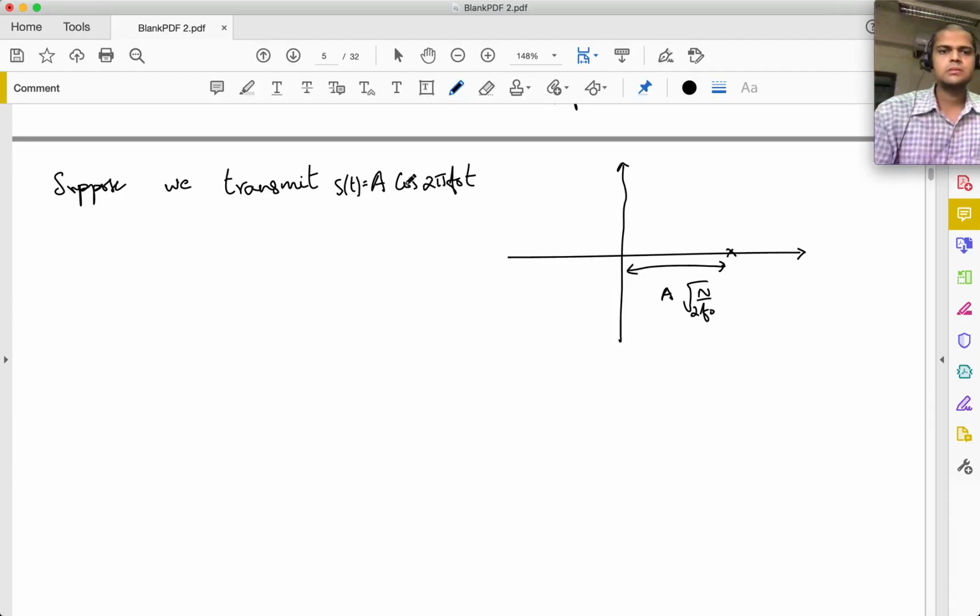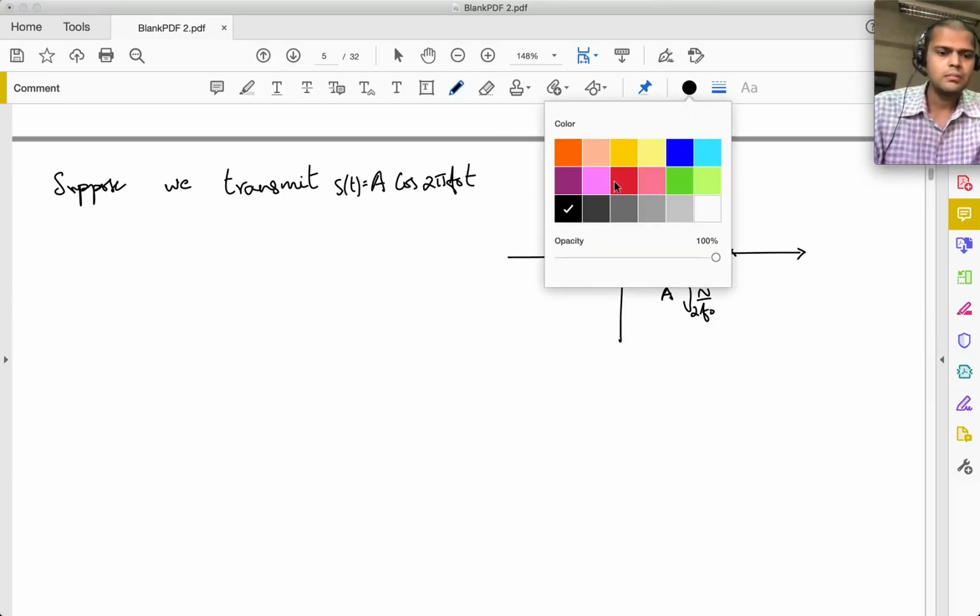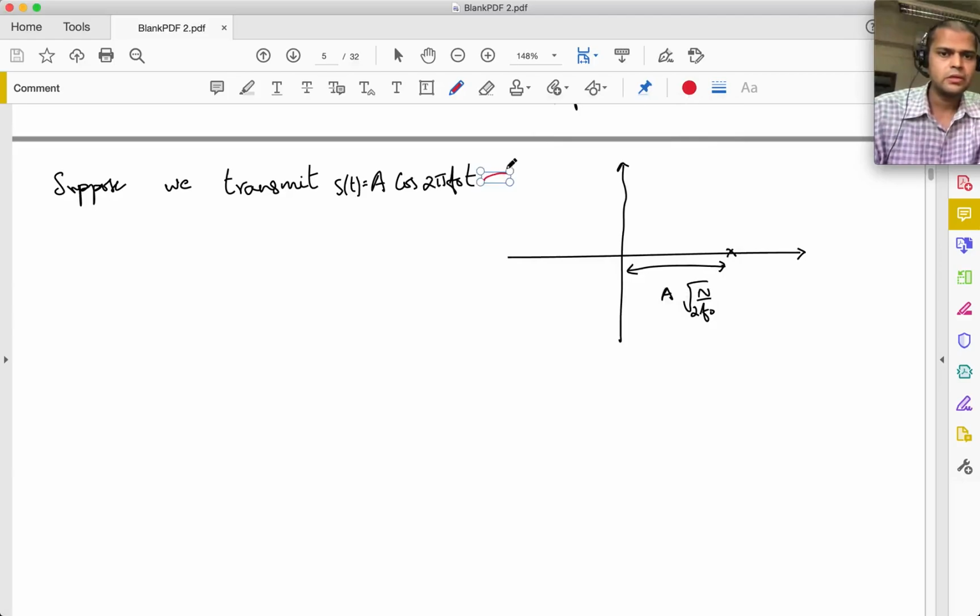Okay, so this is a signal that I'm going to transmit, and let's actually go to a full modulation scheme. So let's say that this corresponds to bit 0, and also suppose I wanted to send bit 1.